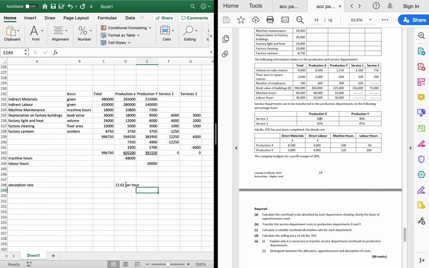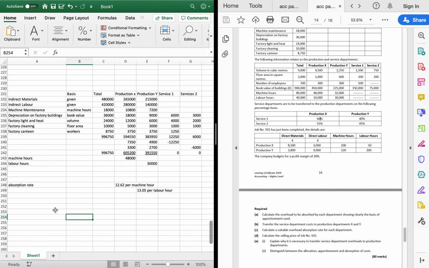And then 391,550 divided by 30,000 gives you 13.05 per labor hour. There are your two absorption rates. So that's that one done.